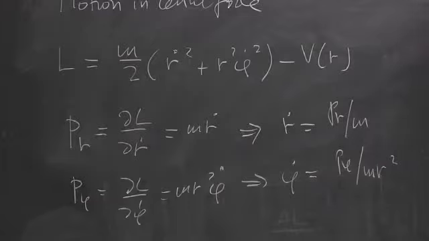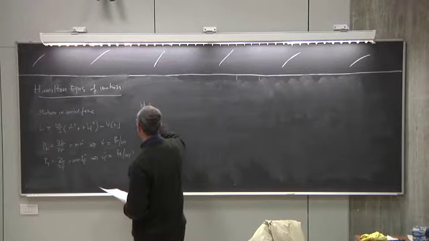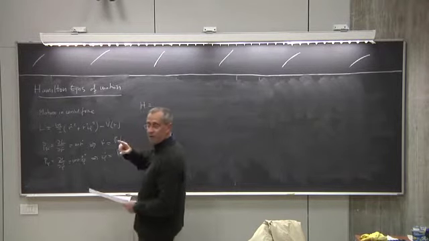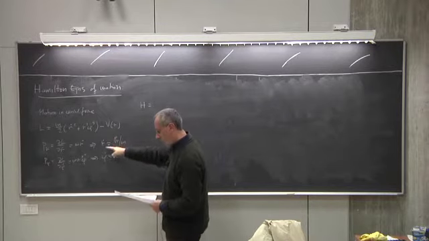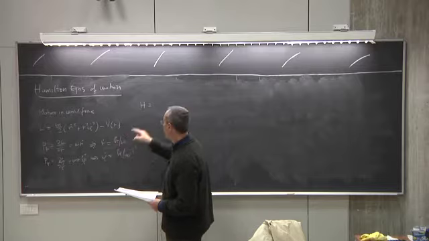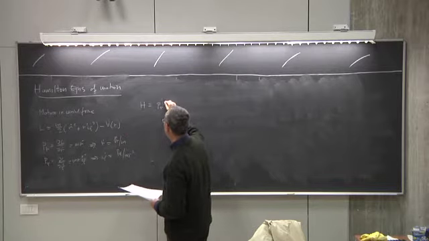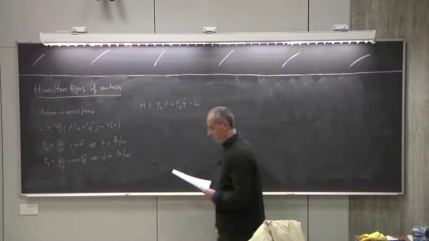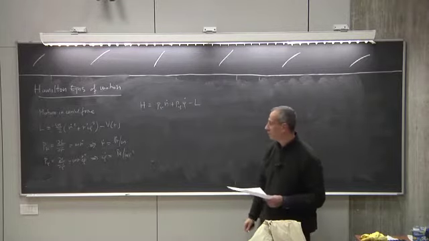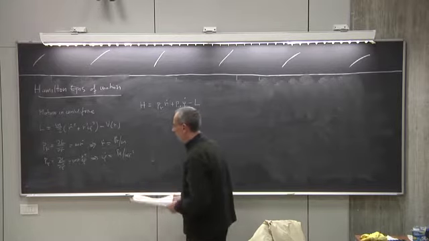So if I now write the Hamiltonian by using the Legendre transformation, I have to take the product of the variables that I'm switching, so p_r r dot plus p_phi phi dot, and subtract the Lagrangian. So this is the definition of the Legendre transformation.